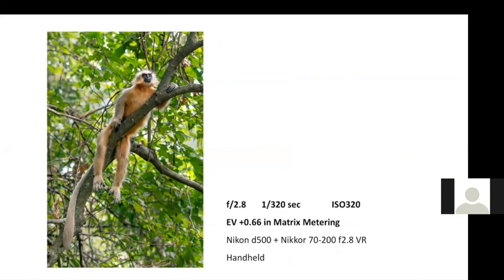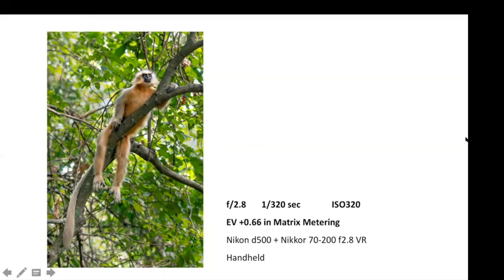So my normally preferred combination would be, in one camera I would have a wide angle lens. I use the Nikon 16 to 35. So in one camera I would keep that. My second combination would be one camera with the 70 to 200, which helps a lot in shooting mammals in situations like this.